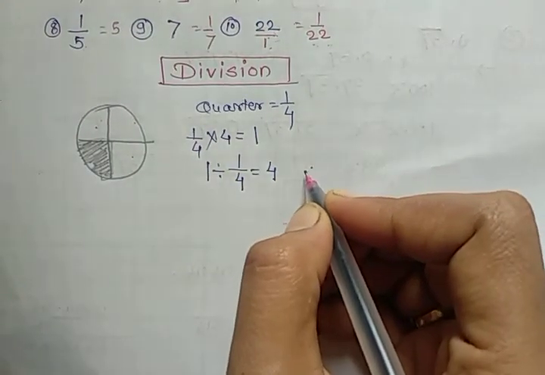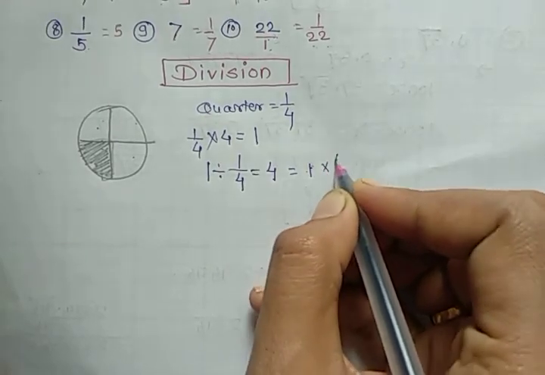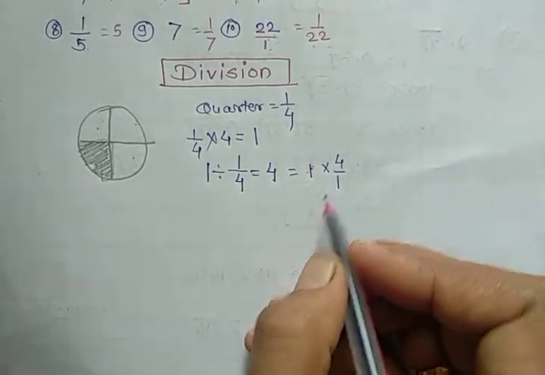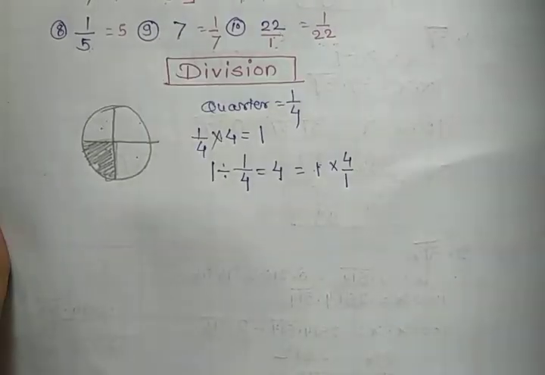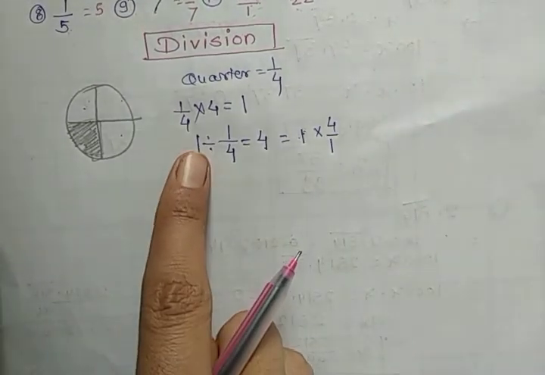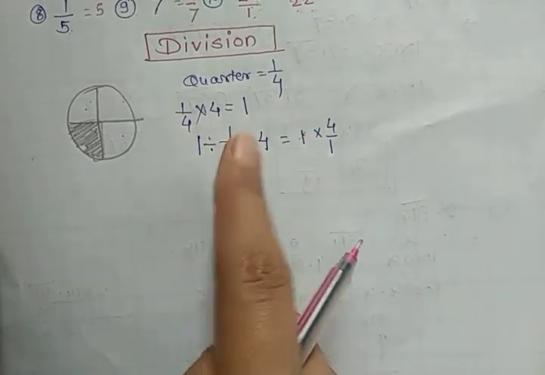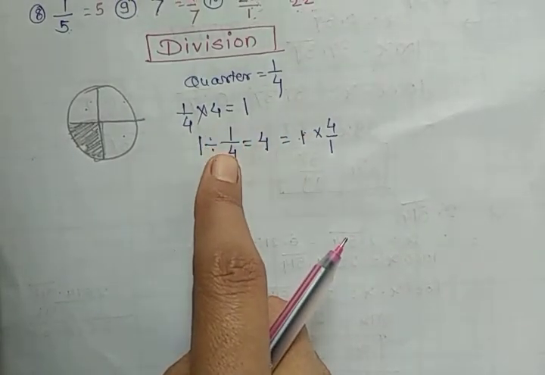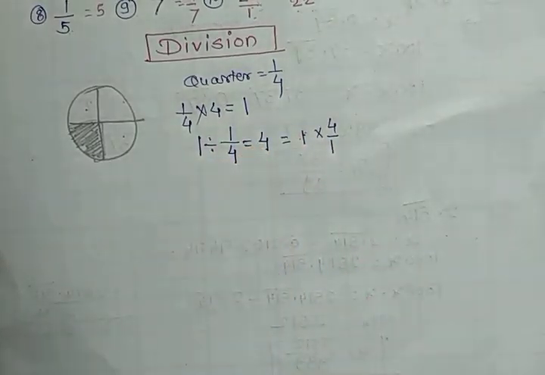It means 1 into 4/1. So to solve the division, first write the first number as it is, convert the division into multiplication, and take the multiplicative inverse of the second fraction, then you will get the answer.